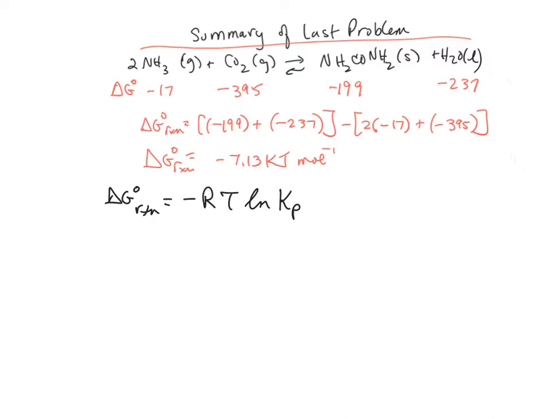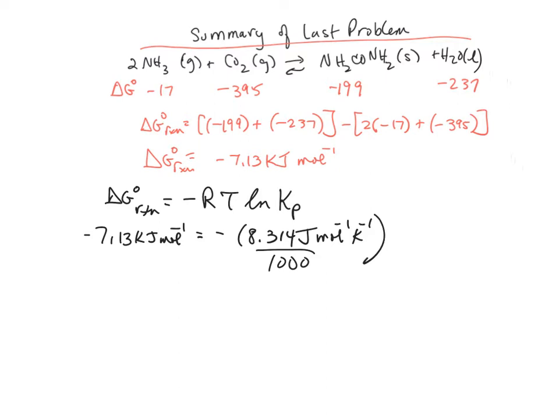All right, so then you can use -7.13 kilojoules per mole, that's delta G, and then -8.314 joules per mole per Kelvin, and then you have to divide that by 1,000 joules per kilojoule, to get them both in kilojoules.